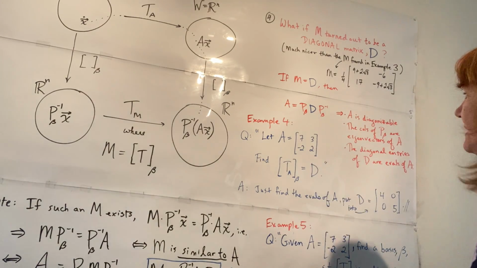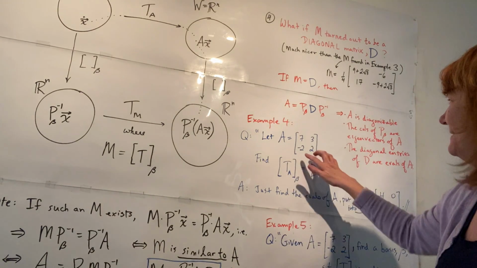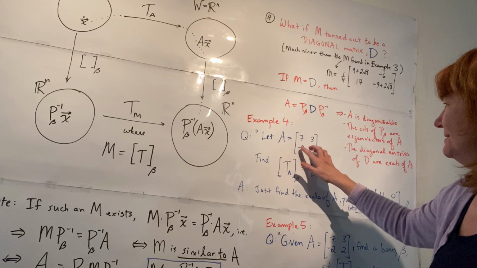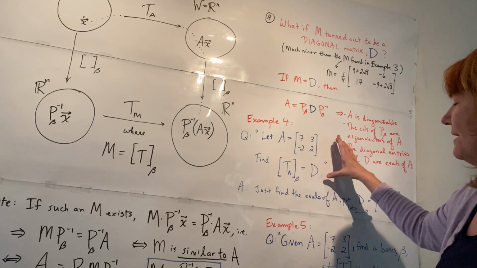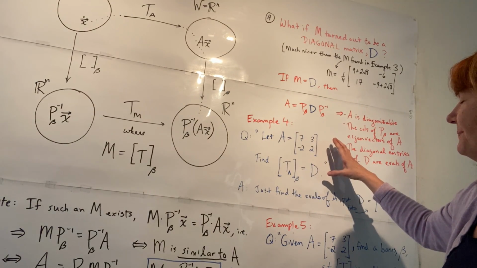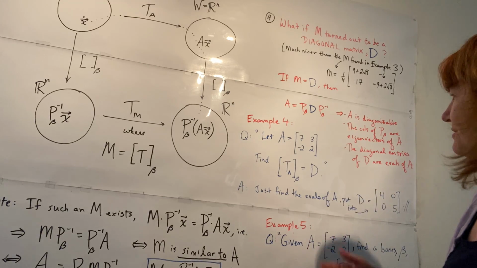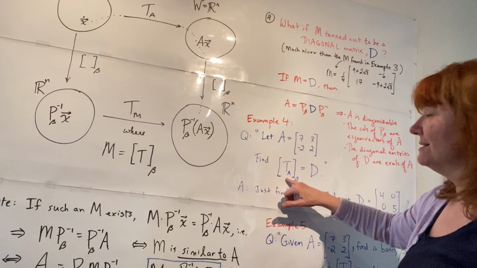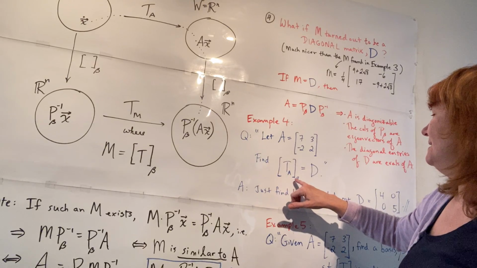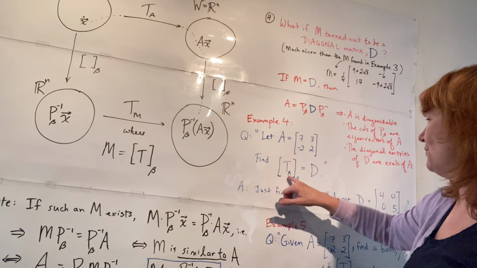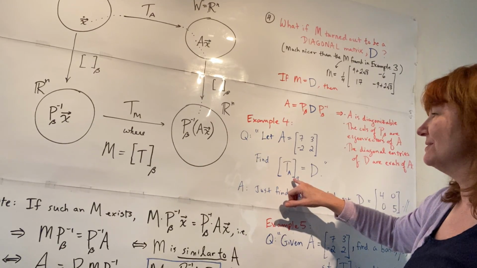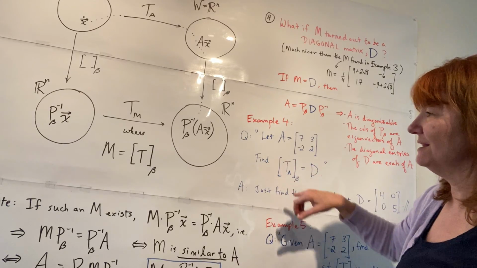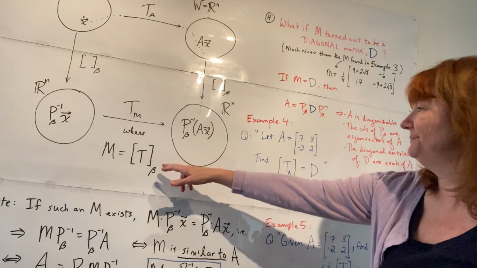Try it. Here's a much nicer matrix A. The questions are asked in this very simple form that are actually asking you to do a bunch of other things. So if they say, here's a matrix, find a matrix form of it, a similar form of it, this is their way of saying the matrix M, right?